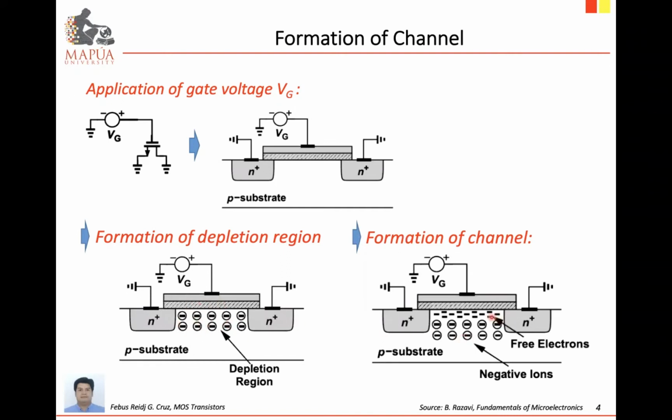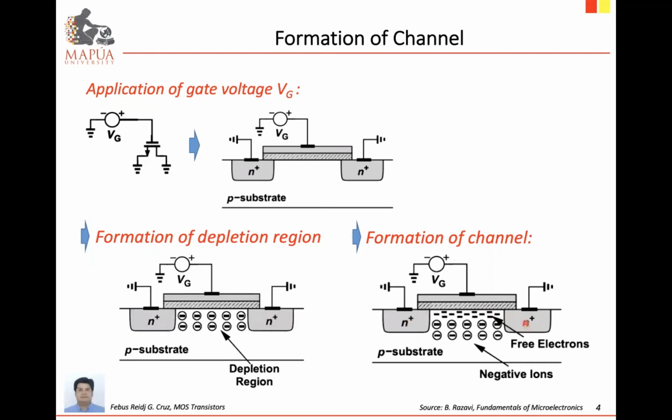As we continuously attract free electrons, the top layer will become negatively charged. So this area is effectively already an N-type layer. This connects the N-plus source, then the N-type layer, and then the N-type drain.